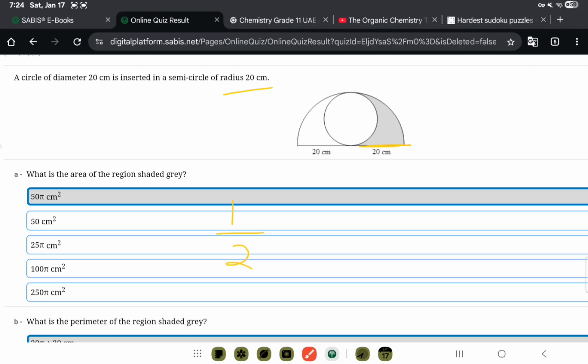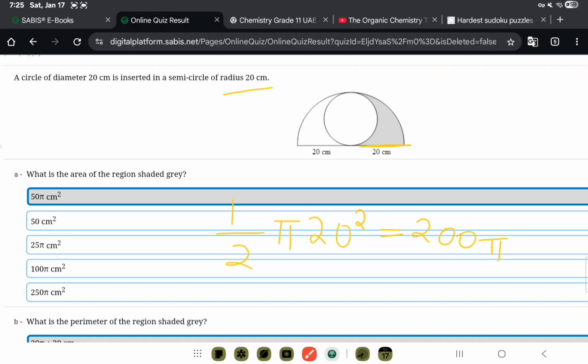Later, we're also going to divide by 2 because it's a quarter. So we do 1/2 pi r squared, r is 20, 20 squared. So we get 200 pi.